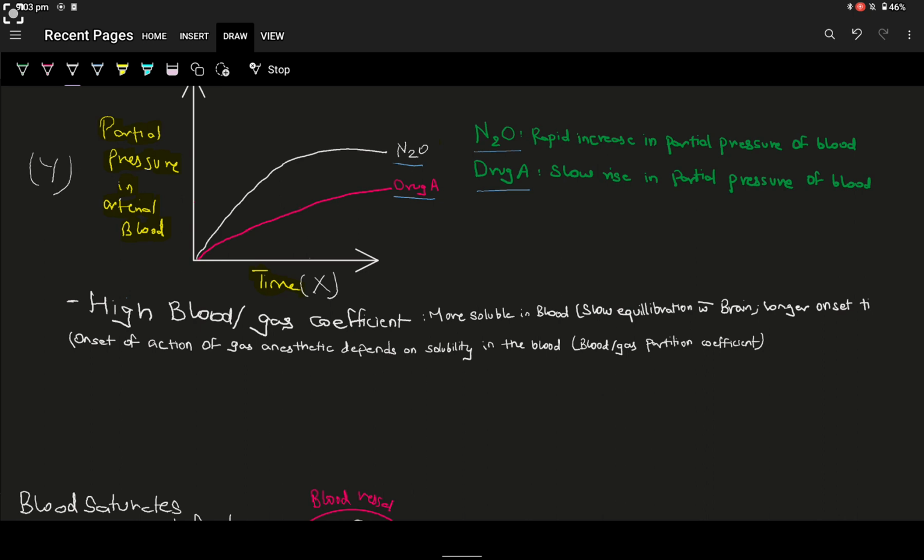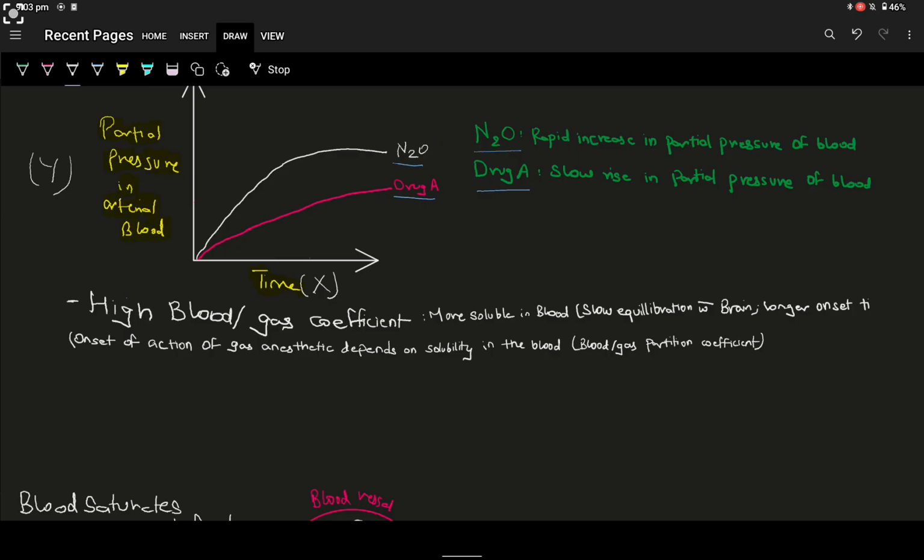So it is basically indicating the poorly soluble versus highly soluble gas difference. So the nitrous oxide is a poorly soluble gas, whereas drug A is a highly soluble gas. So what do we mean by poorly soluble and highly soluble gas?